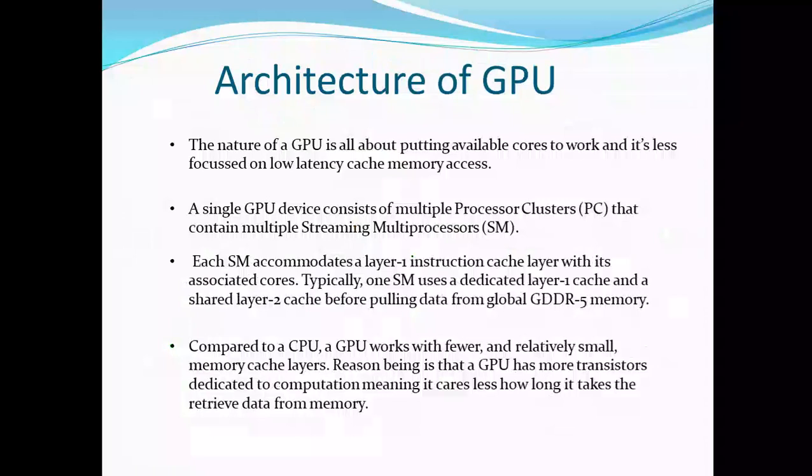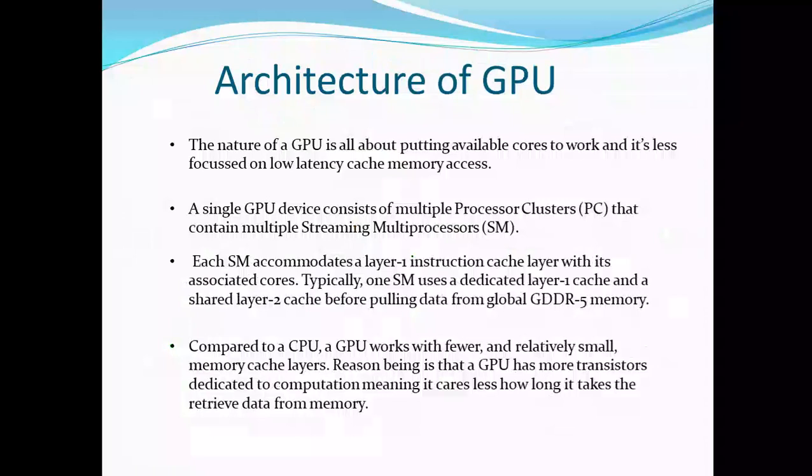Now let's see the architecture of GPU. The nature of a GPU is all about putting available cores to work, and it's less focused on low latency cache memory access. A single GPU device consists of multiple processing clusters that contain multiple streaming multiprocessors. Each streaming multiprocessor accommodates a layer 1 instruction cache with its associated cores.